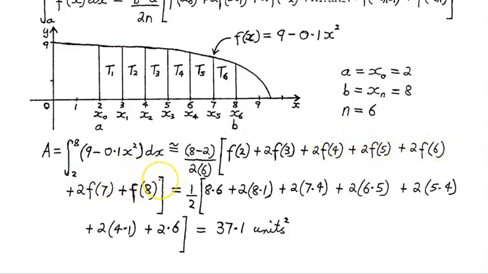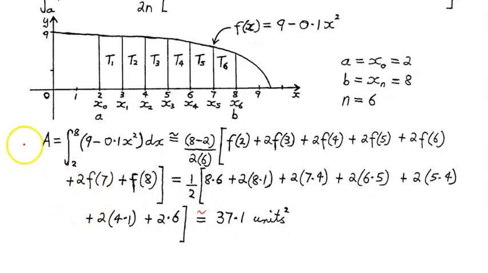Put all those into the function and evaluate them. We get a half times, 8 minus 2 is 6, over 6 cancels, leaving 1 over 2 times those values. If you put those through a calculator, you get approximately 37.1 units squared. Okay, and that is that.